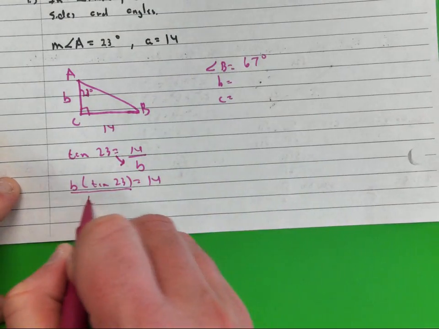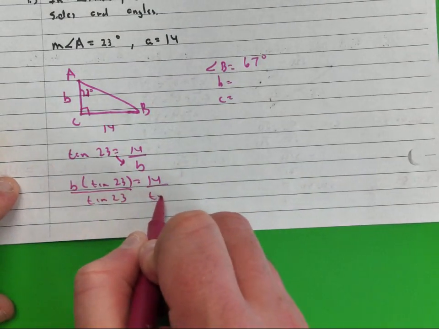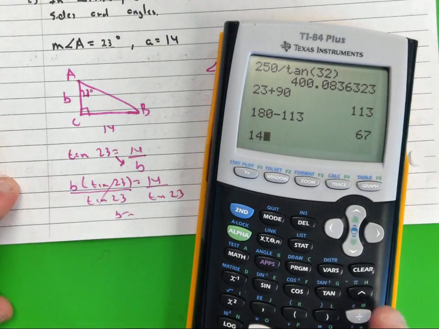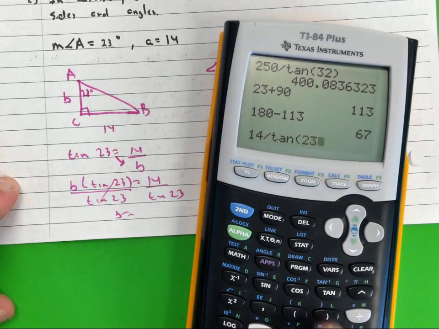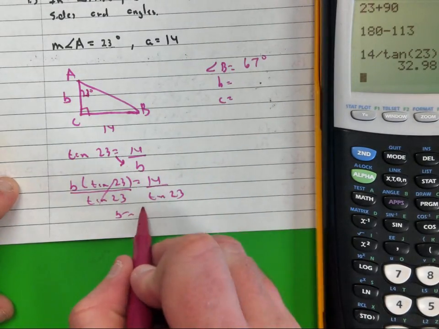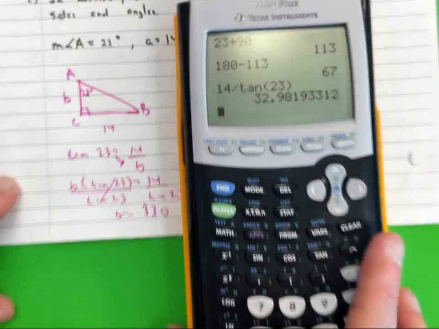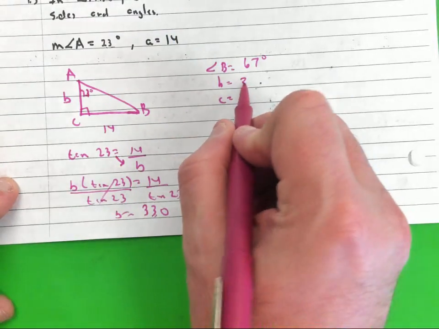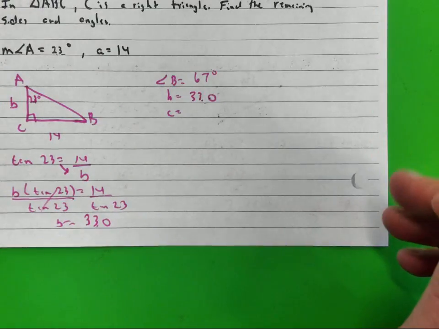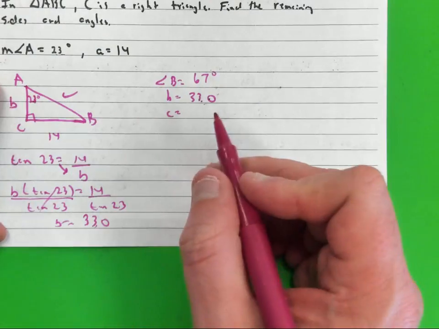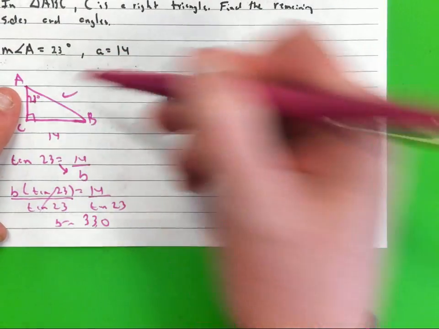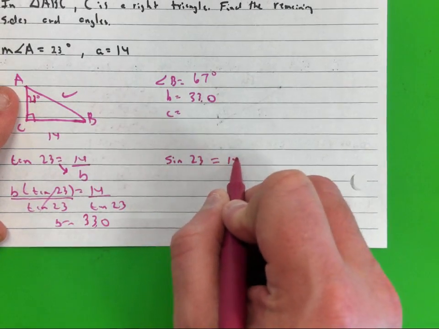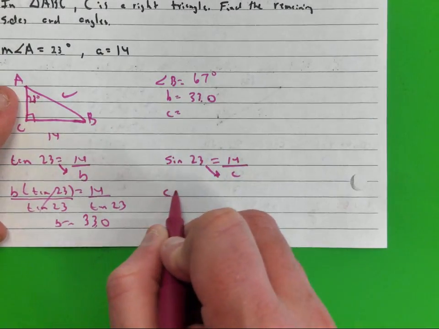I'm going to divide both sides by tangent of 23. 14 divided by tangent of 23 equals 33.0 because that 8 rounds that 9 up. Now side C. This is opposite and hypotenuse, so which one will I use? Sine 23 is 14 over C, cross multiply.